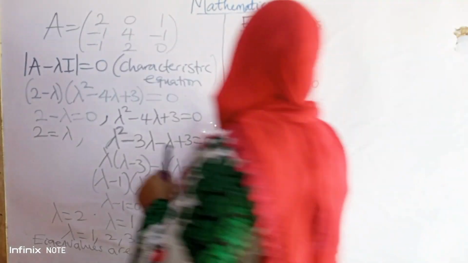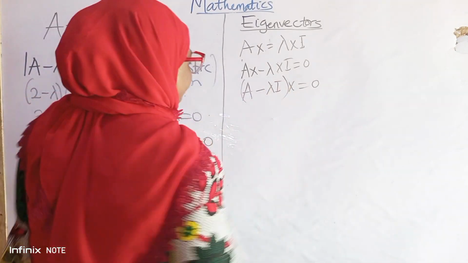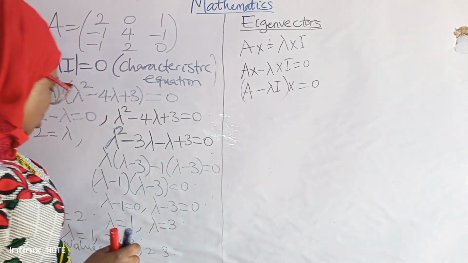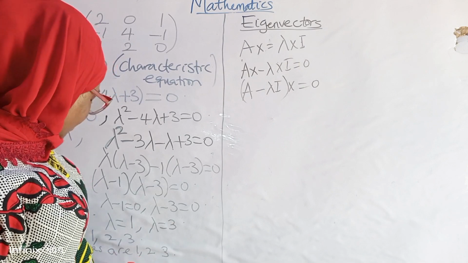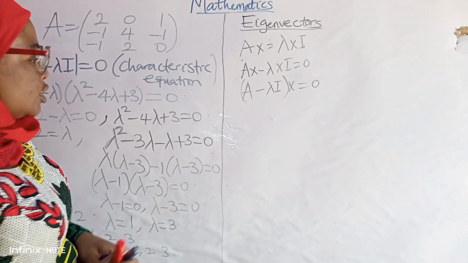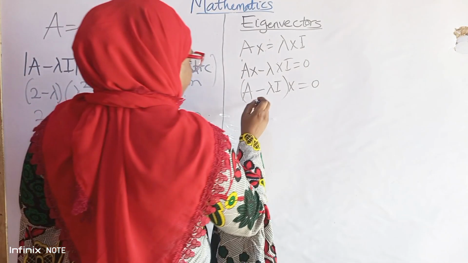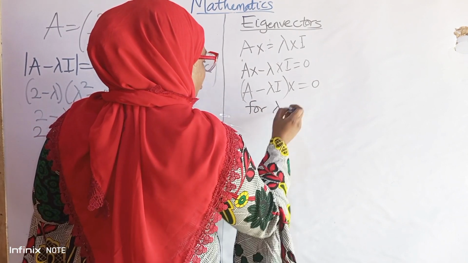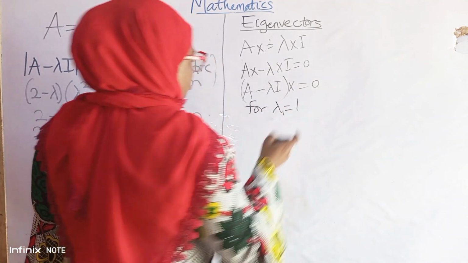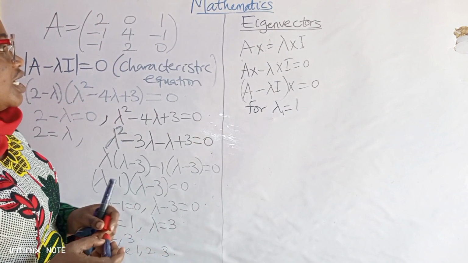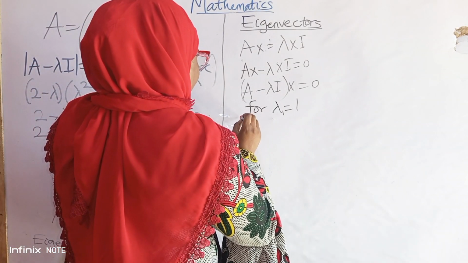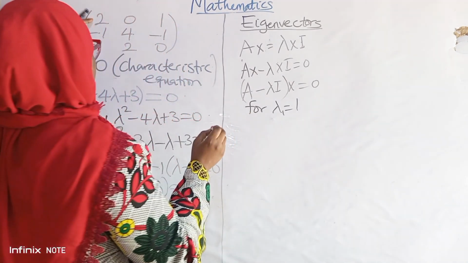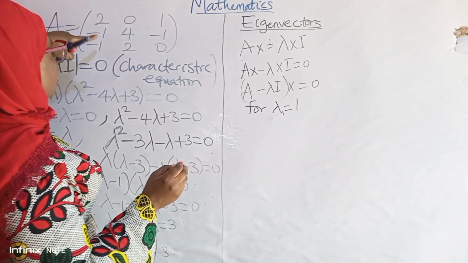Now, what is our A minus lambda I? We have to use that lambda for each of these eigenvalues. So we now say that for lambda 1 equal to 1, what will be the eigenvectors? From here, we recall that we have our A to be equal to 2, 0, 1, minus 1, 4, minus 1, minus 1, 2, 0.